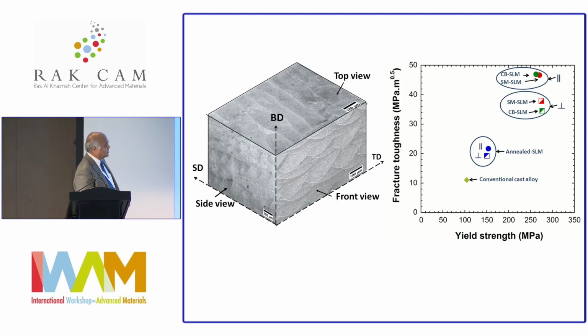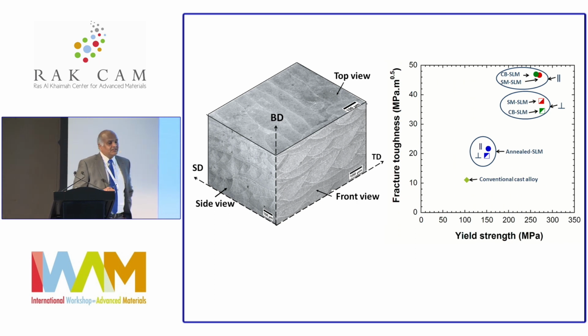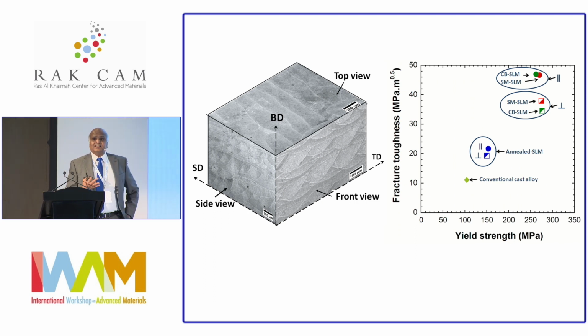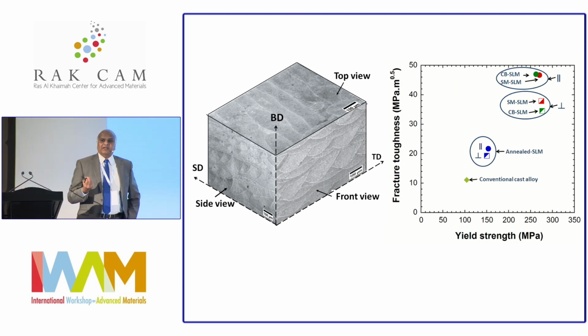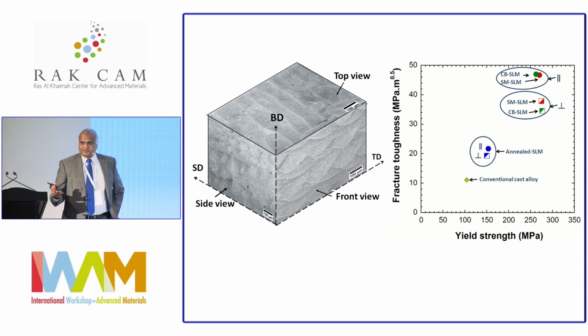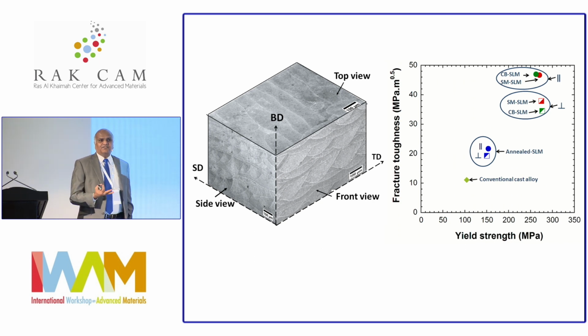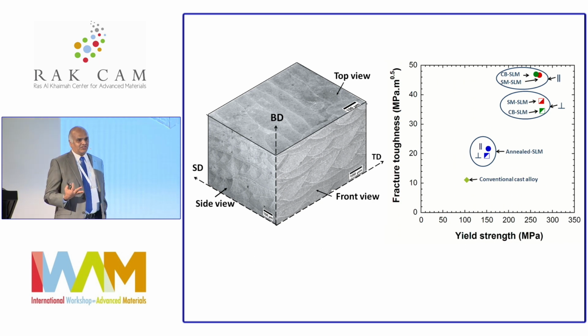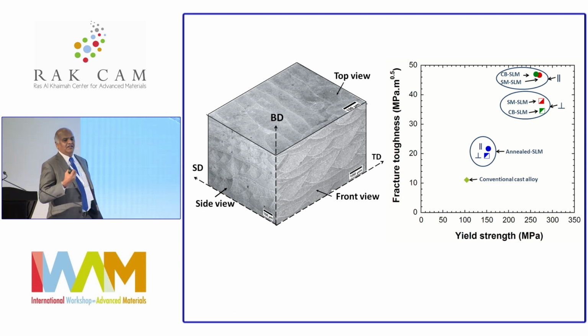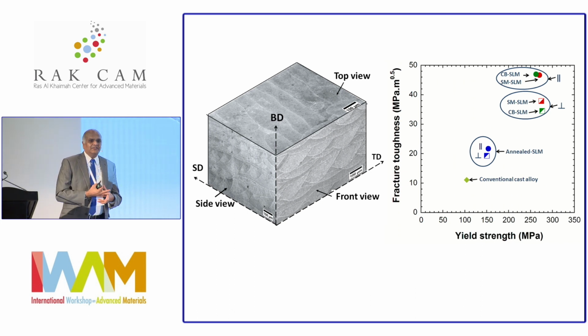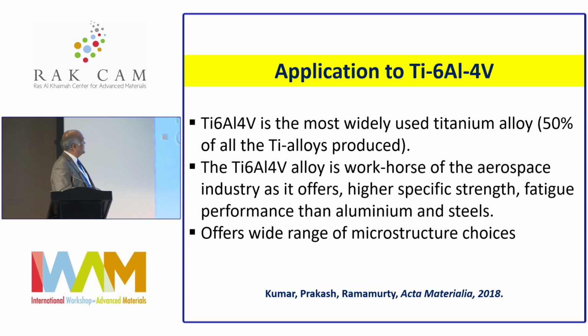Okay, so from this part of the story, the strength enhancement comes about in 3D printed aluminum silicon because of the rapid solidification conditions, but the toughness enhancement comes because you have a mesostructure, reminiscent of the 3D printing strategy that you employed, and that you can play around with.